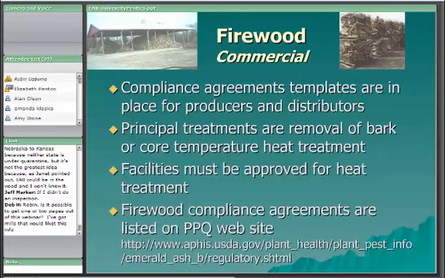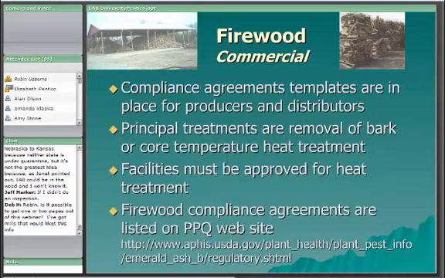Like I said, for our other businesses, we do have compliance agreements in place that allow these people to continue to work if they can mitigate, if they can remove the bark and the underlying wood, or they can do a heat treatment, then we put them under an agreement and we allow their business to continue with monitoring. We do have many facilities that are approved to either treat the wood itself or they are allowed to distribute it.